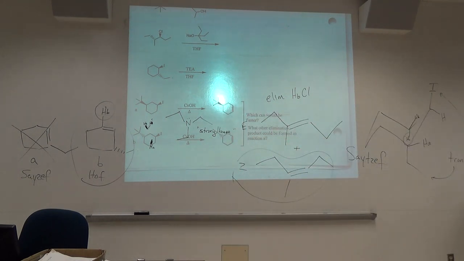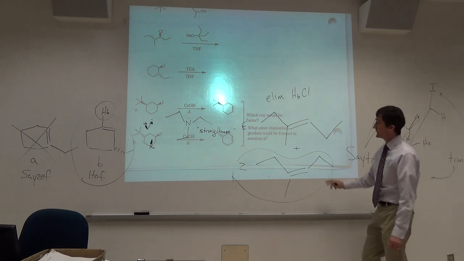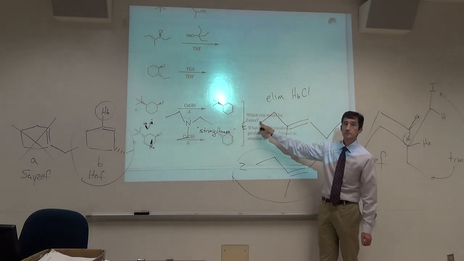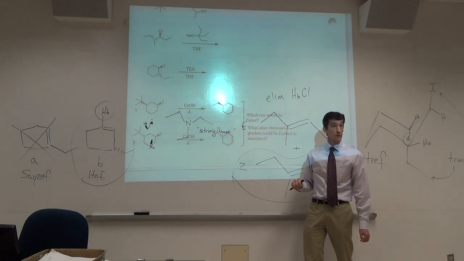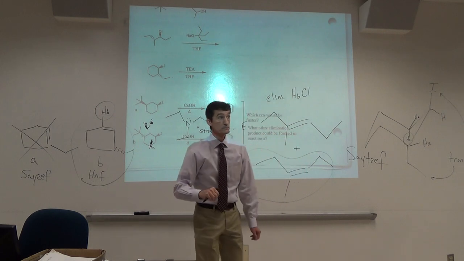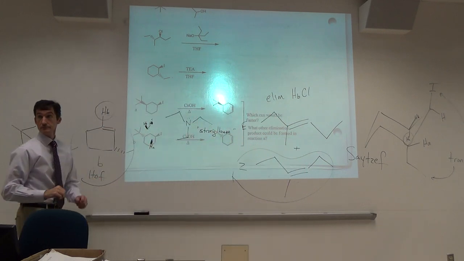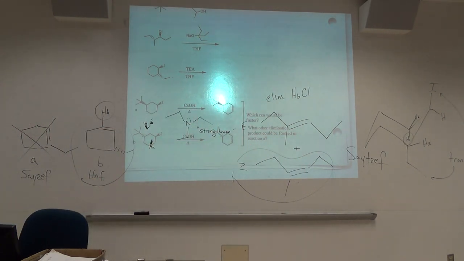The more it exists in the conformation with the leaving group equatorial, the slower the reaction will be. Which reaction would be faster? The one where the iodine is more likely to be axial. That's the one that will be faster.